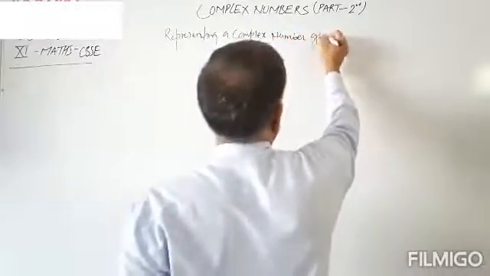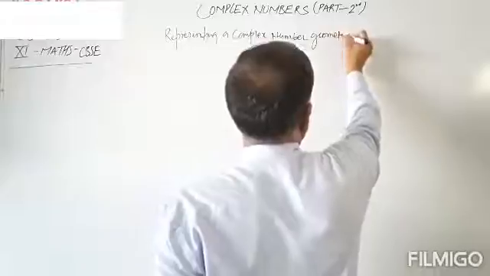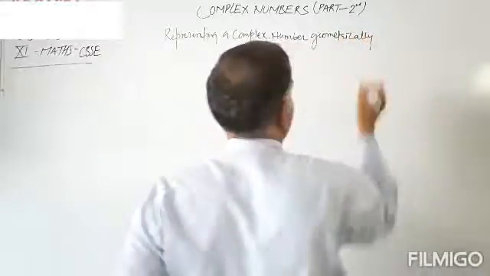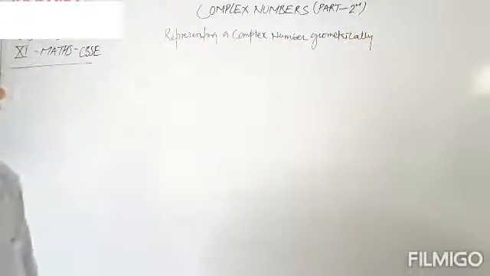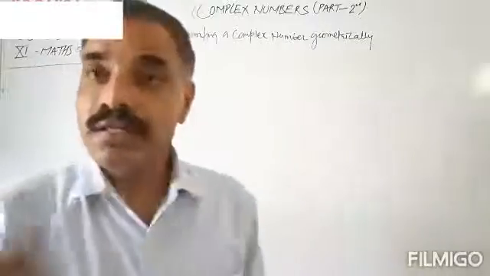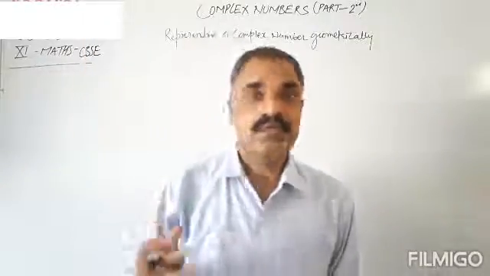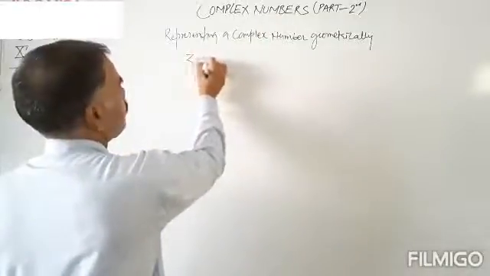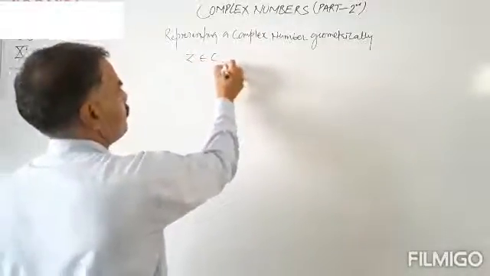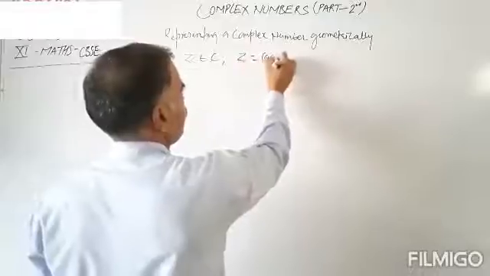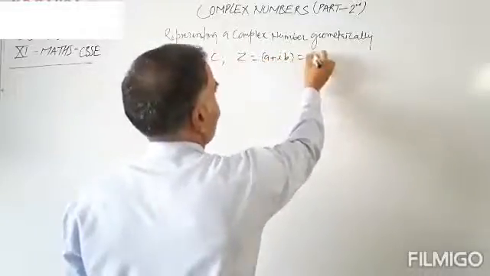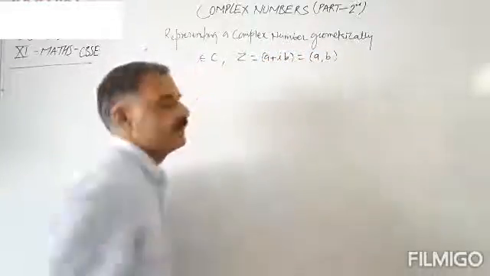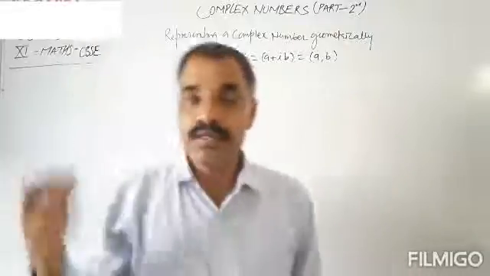We know that any complex number z belonging to C can be put in the form a plus iota b, that is, in the ordered pair (a, b).